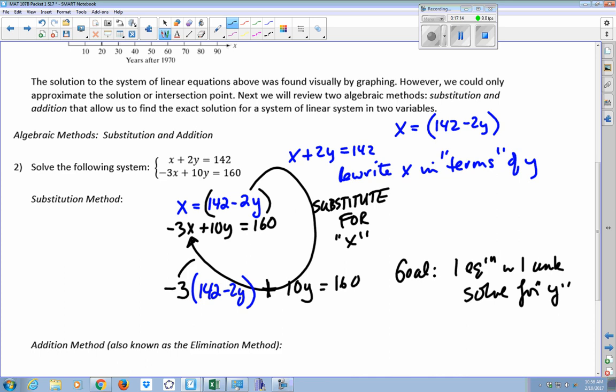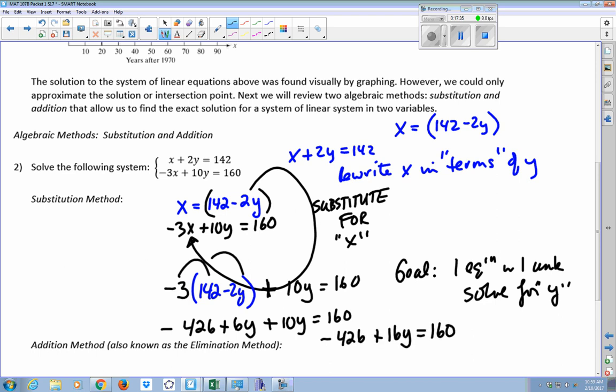So we use our distributive property here, and we get -426 plus 6y plus 10y equals 160. We combine like terms and we get -426 plus 16y equals 160.